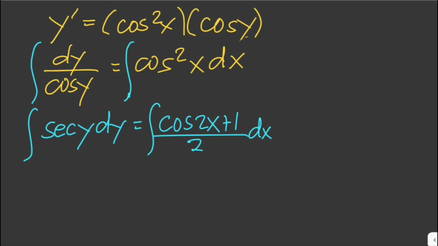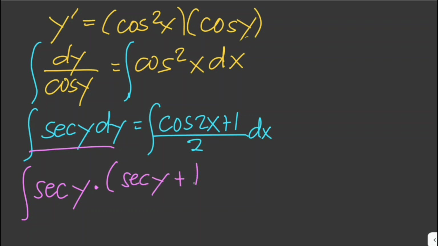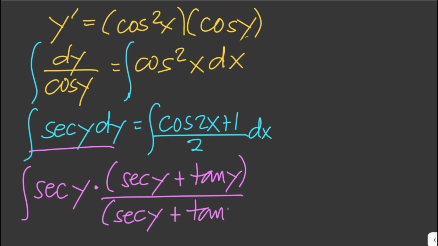Now let's work on the left side first, the integral of secant y dy. We cannot integrate secant y dy directly, so there's a technique. We can multiply secant y by (secant y plus tangent y) over (secant y plus tangent y) dy.